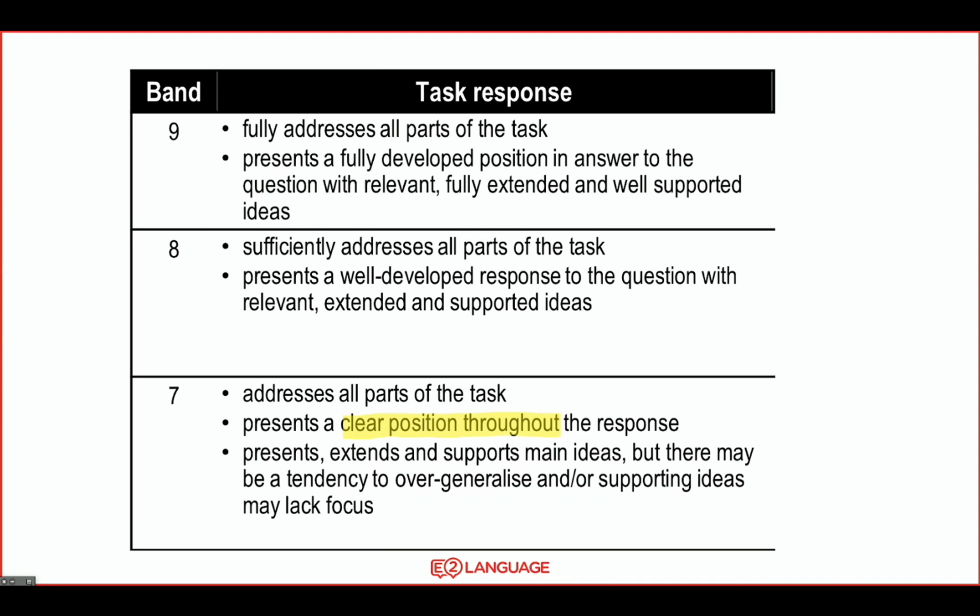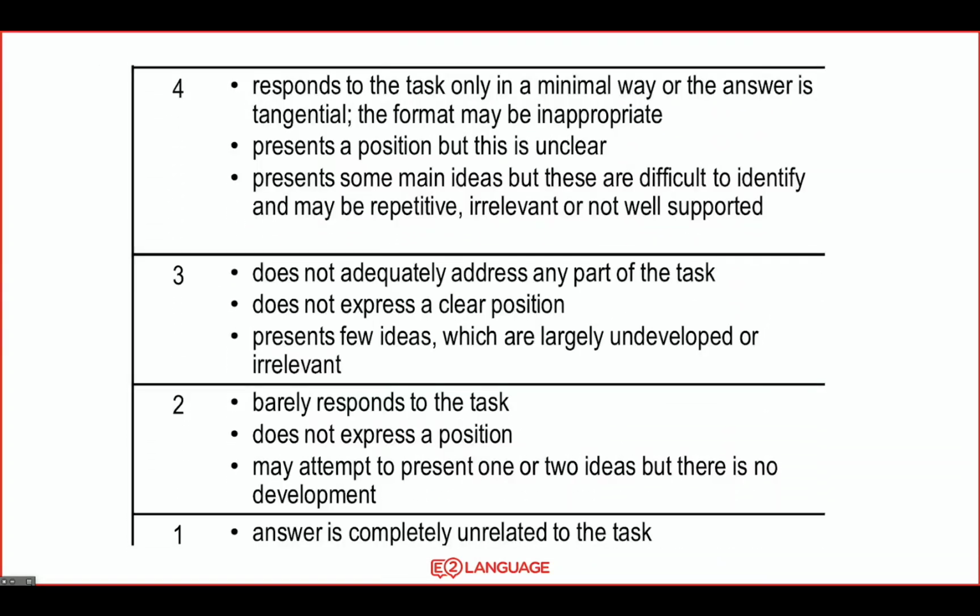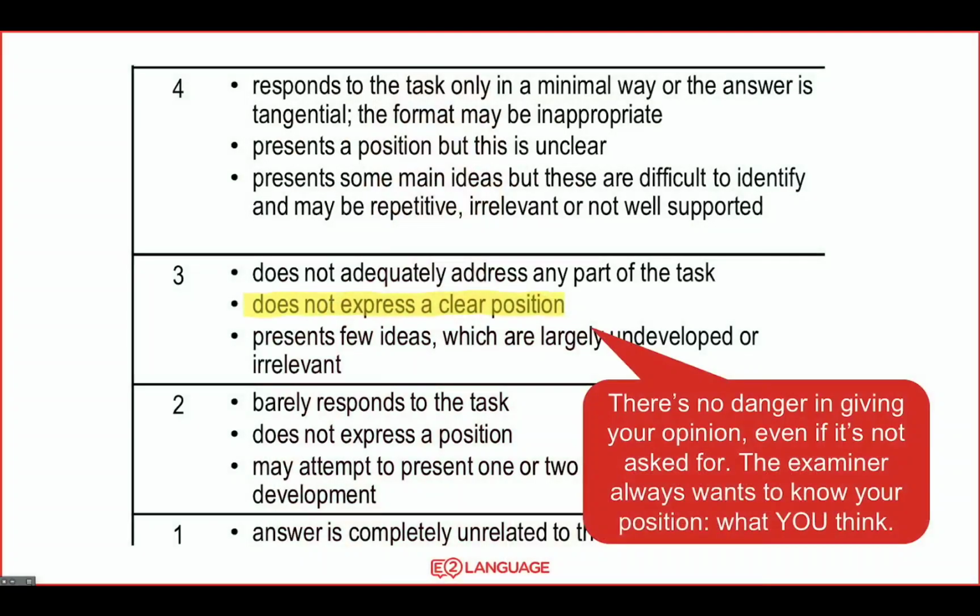It says here to get 7 or above, you need to provide a clear position throughout the response. And if we look down here, if you want to get a 3, it does not express a clear position. So obviously it's important, if you want to get 7 or above, to include our position or our view or our opinion. So there's no danger in giving your opinion.